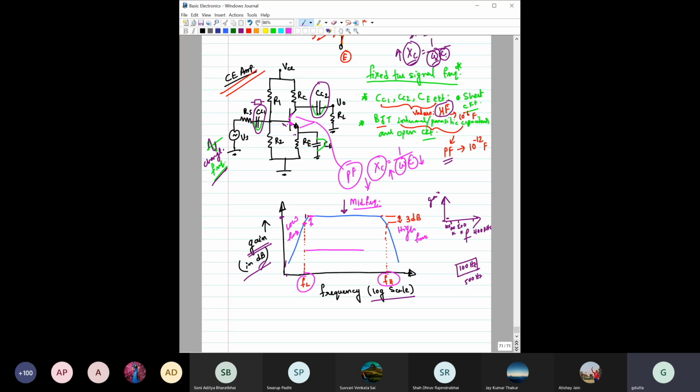The difference between FH and FL is the bandwidth. This means for this entire frequency range, the gain of this transistor will remain more or less flat. This is what has been shown from this plot.